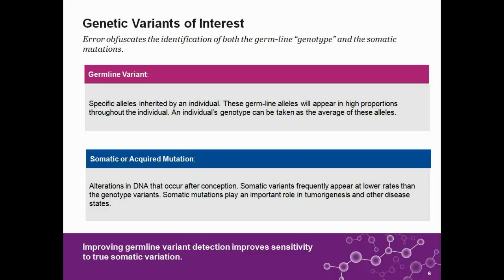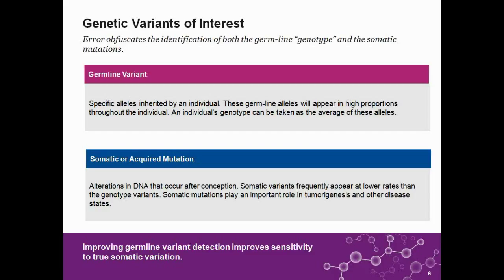Somatic variation, on the other hand, also known as acquired mutation, is the alteration of the DNA that occurs after conception. So somatic variants frequently appear at lower rates than those germline or genotype variants, and somatic mutations play a very important part in oncology, in particular in tumorigenesis and also other disease states outside of oncology.